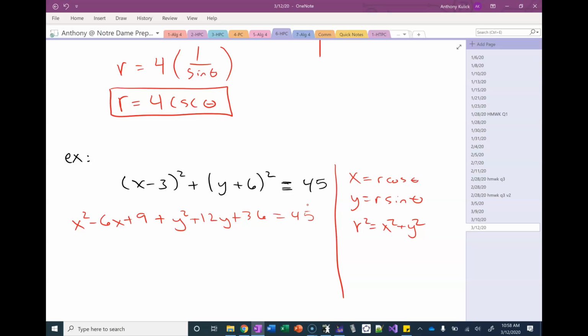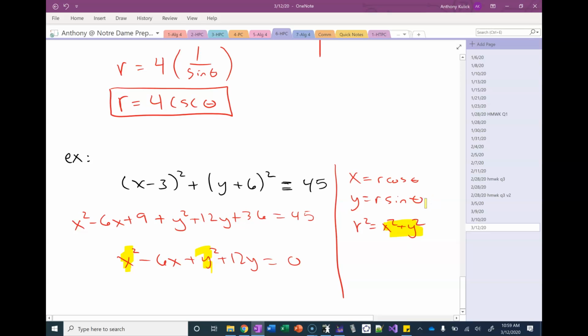Okay. So what I would do next is get rid of the constant terms. If I subtract both sides by 9 and then subtract both sides by 36, notice that 45 minus 9 minus 36 is 0. So I have this. Everybody's okay there? Next thing I notice is that I have an x squared plus a y squared, right?